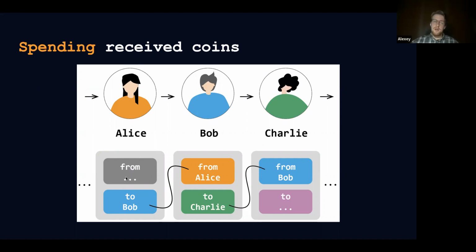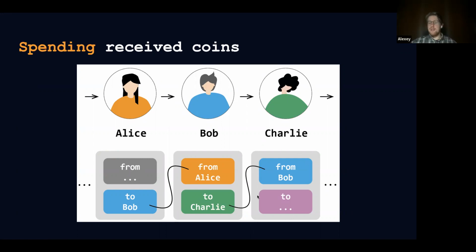So Alice got the coins from somewhere, and she is sending. So this is the input of this transaction, and this is the output of this transaction. The output goes to Bob. When Bob wants to receive the coins, he creates a transaction, puts an input of the transaction from Alice. So this output corresponds to this input, and the output to Charlie.